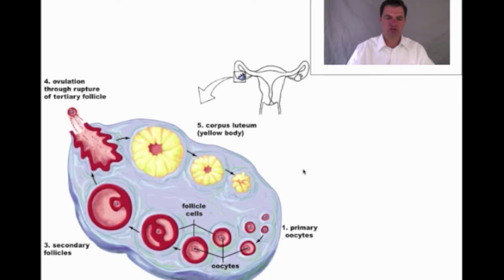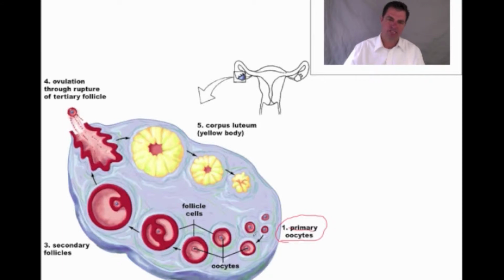This is a close-up view of the ovary, showing you what happens here with what's called the primary oocytes. These are the cells that are destined to become an egg.